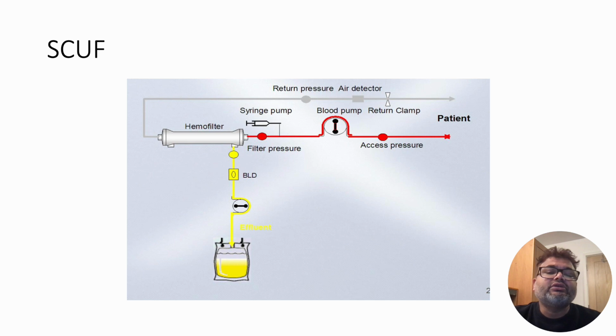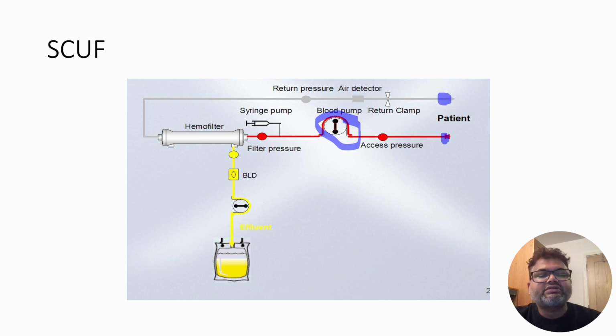Here this is the blood source from the patient, it's coming down, and then there is a blood pump which will force the blood through the filter, and then it goes back to the patient.